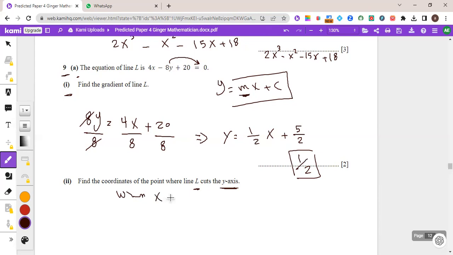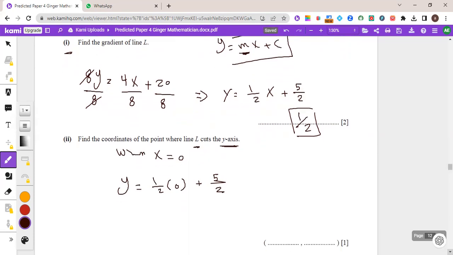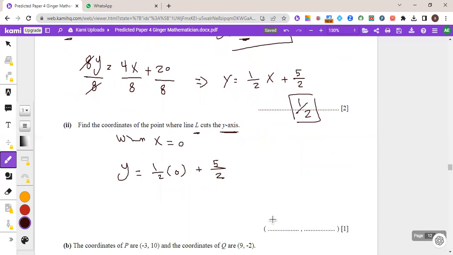When x equals 0, y equals half times 0 plus 5 over 2. Half times 0 is 0, then y equals 5 over 2. X is 0, y is 5 over 2.